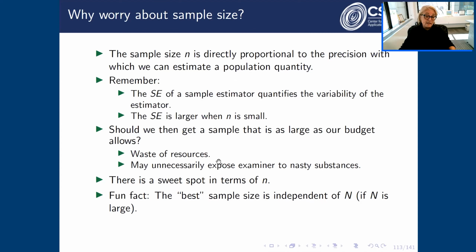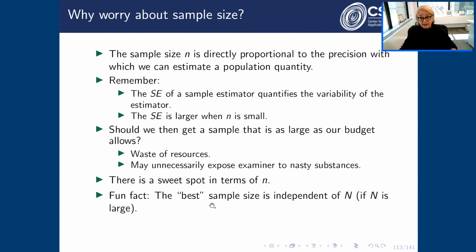And in fact, in some cases, it might unnecessarily expose you or somebody else to nasty substances, analyzing things that are icky. And so there's a sweet spot in terms of the sample size. This is a Goldilocks situation. Too little is bad, too big is bad. There's that sweet spot, and that's what we're going to be talking about today.